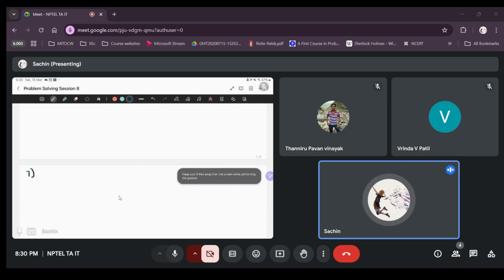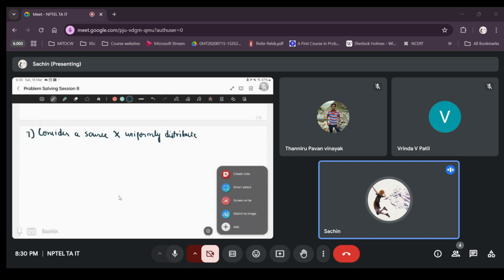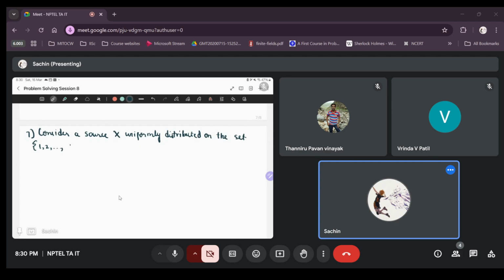Okay, we go to question 7. Consider a source X uniformly distributed on the set 1, 2, 3 up to 8.